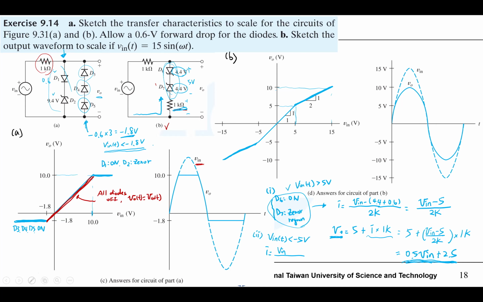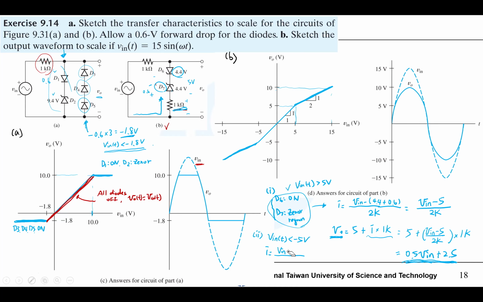Please remember, right now V in should be a negative value, and you need to overcome this 0.7 volts, 0.6, and also overcome this 4.4 volts Zener voltage.